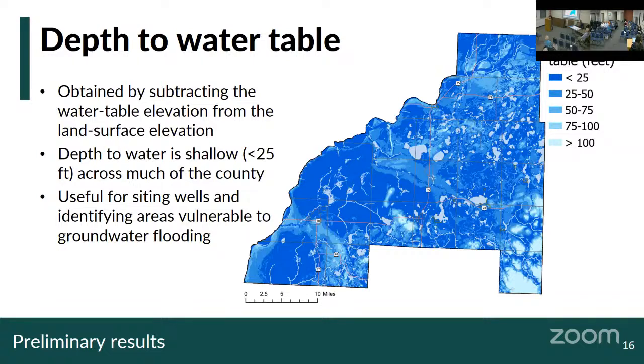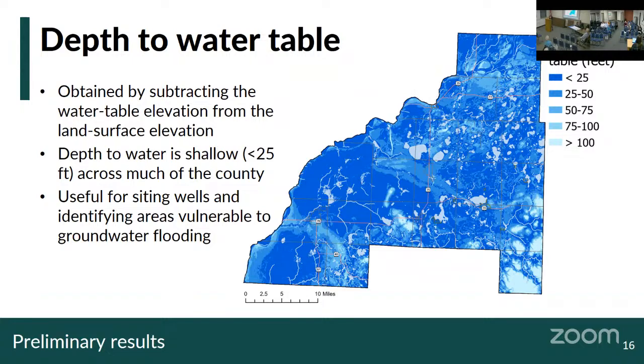So once we know the groundwater levels, we can make a depth to water table map. And we do this just by subtracting the elevation of the water table from the land surface elevation. And you can see the map on the right, the darker the blue, the closer the water table is to the surface. So you can see across much of the county, the water table is very close to the land surface.